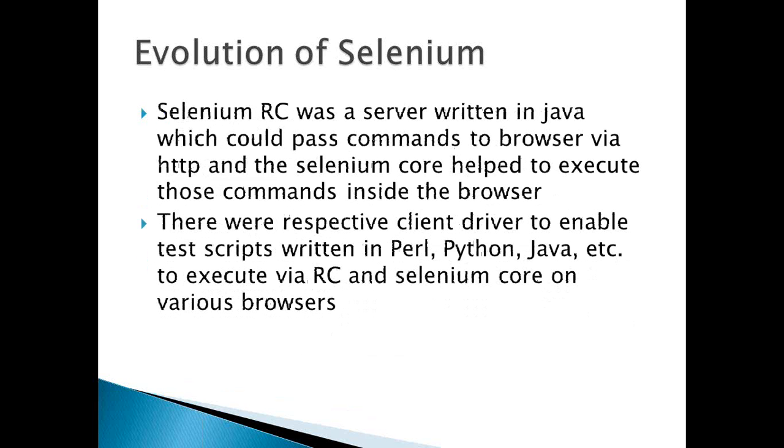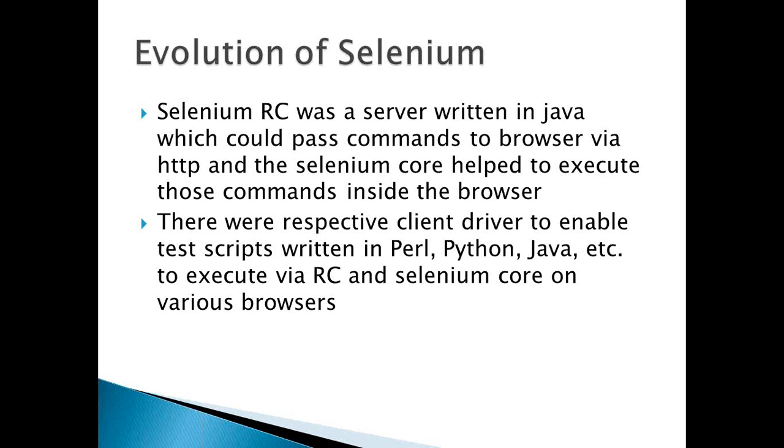Selenium RC was a server written in Java, which would pass commands to browsers via HTTP, and Selenium Core helped to execute those commands inside the browsers. There were respective client drivers to enable test scripts written in Perl, Python, Java, etc. to execute via RC and Selenium Core on various browsers.